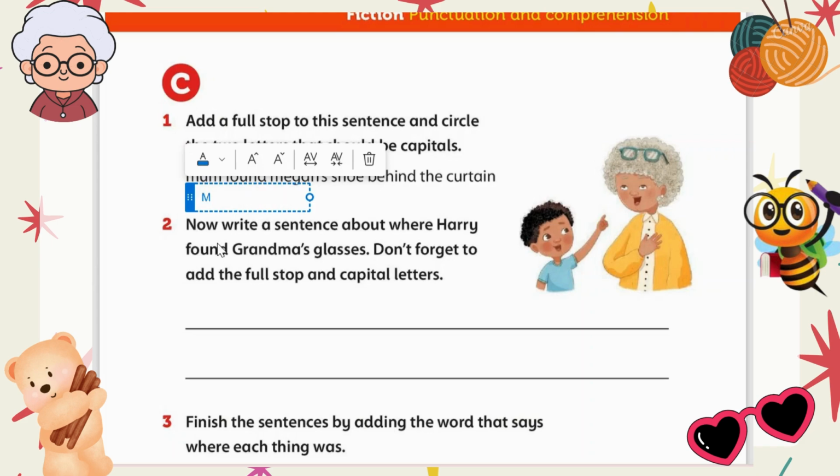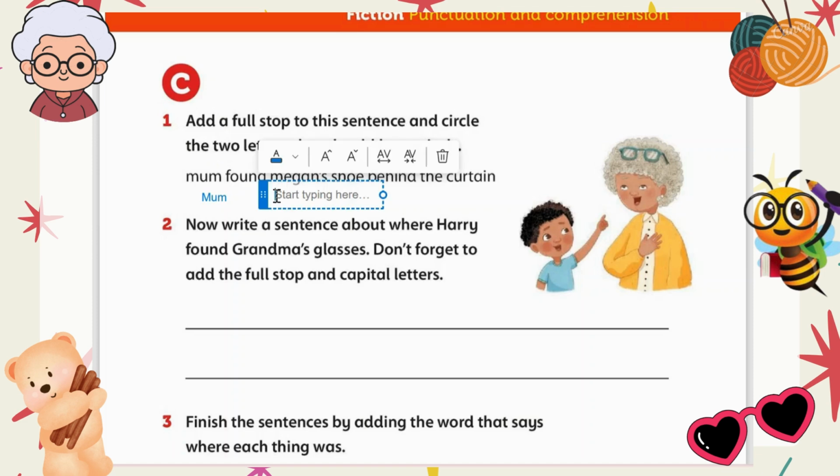So what letter should be capital? Yes, Mom should be capital because Mom is one of the capital words over here. So Mom found Megan's shoe behind the curtain. Then what another word should be capital? Because they say 2 letters. Yes, Megan's. Megan's M should be capital. Why?